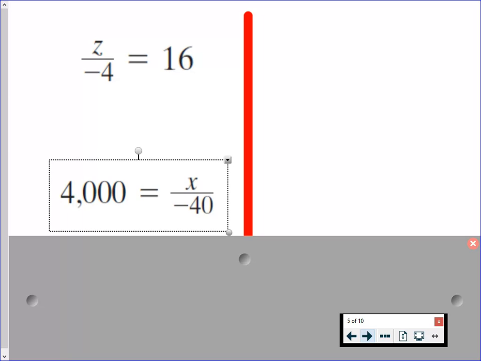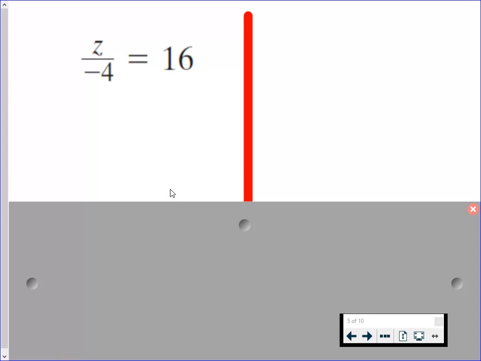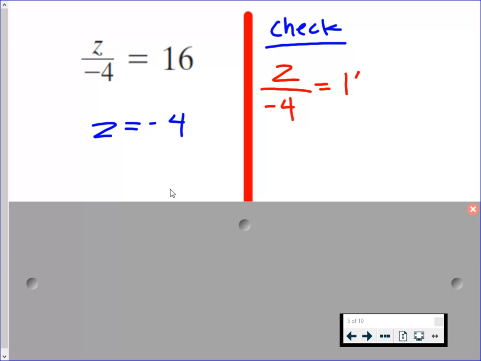Next examples. I know, I'm just going to do this all in my head. Look what happens when I try to do stuff like that in my head. It used to say Z divided by -4 equals 16. Now I think Z is -4.